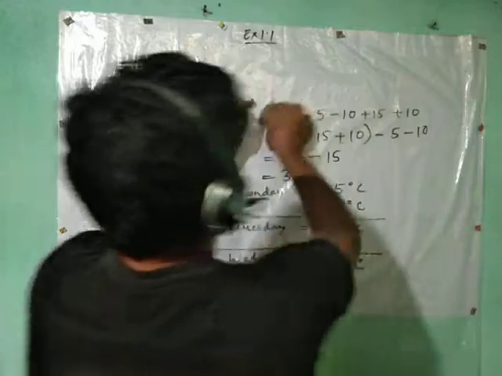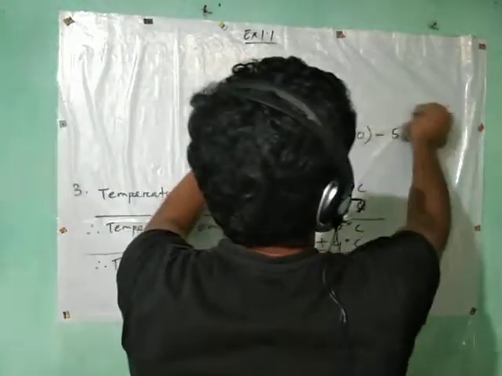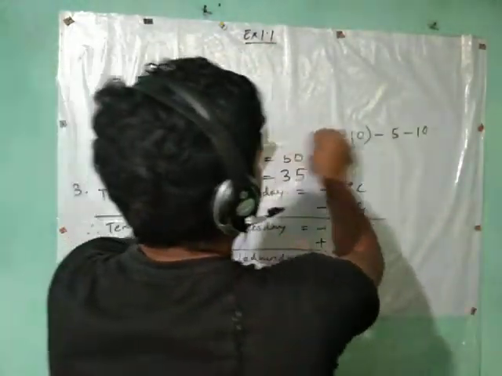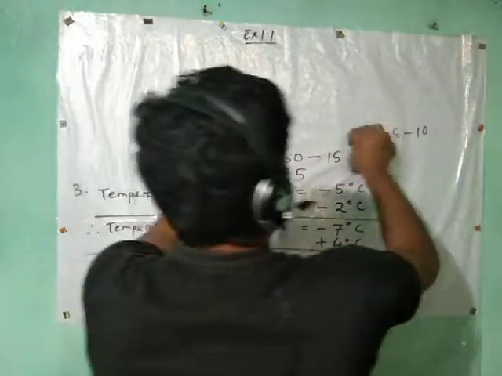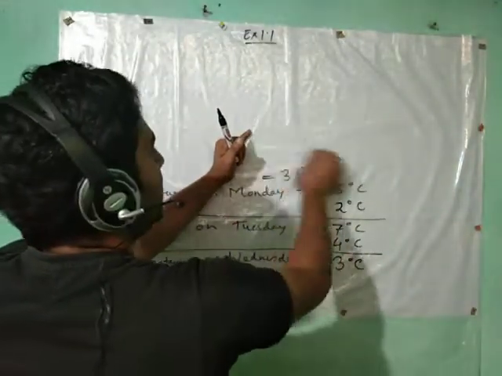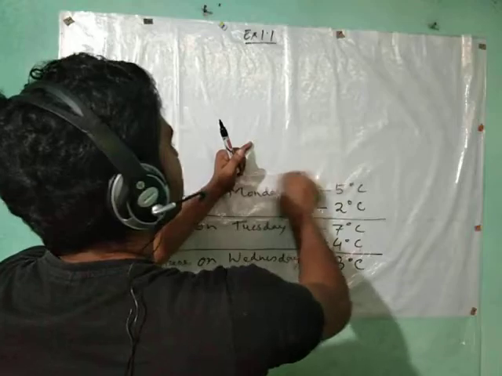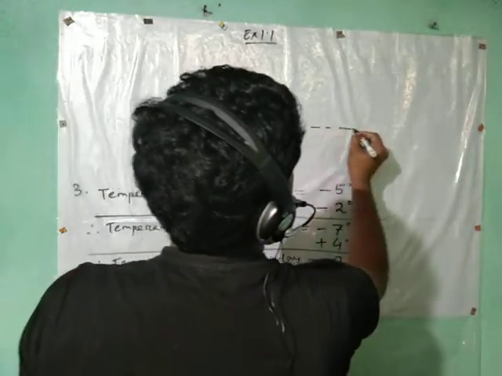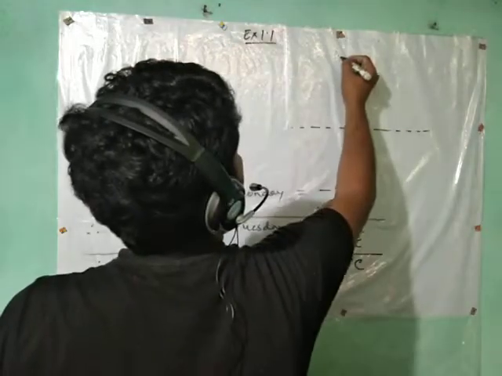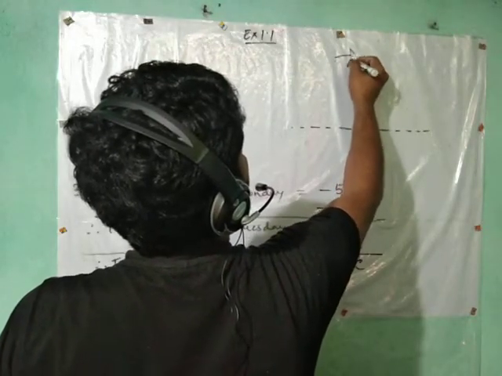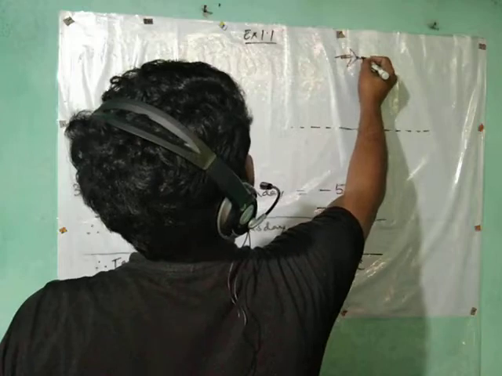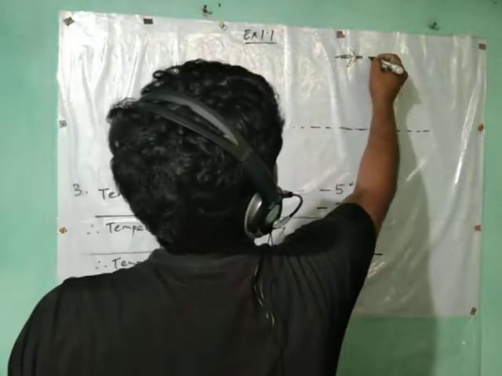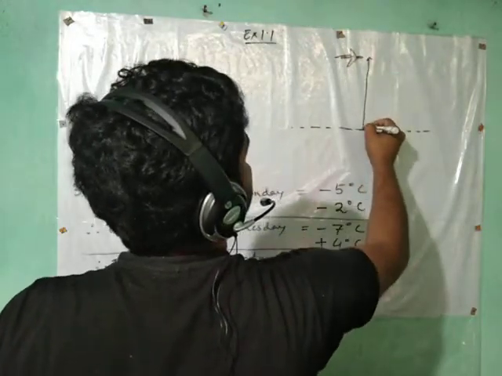There is a plane over there, which is at a distance of 5,000 meters above the sea level. Suppose this is our sea level, and the aeroplane is somewhere here. So what is the distance between this sea level and this?